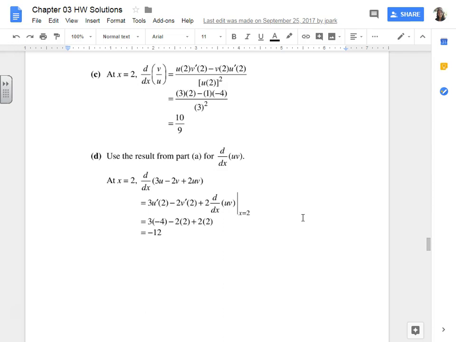Six minus, which one are you on, C or D? I'm on D. I'm going to do negative 12 minus 4 plus 4. Did they give you guys points? Why was it weird? What was this problem?